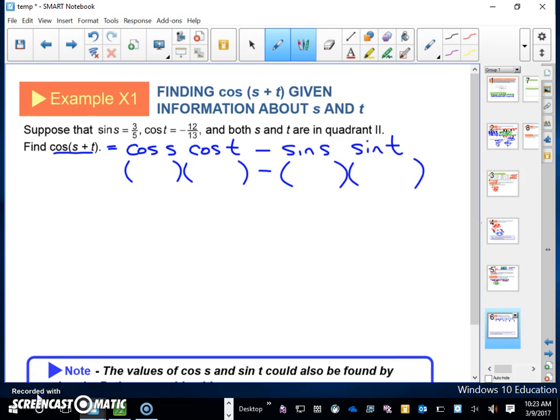Wait a minute, they gave us 2 of them. They told me that sine s was 3/5, and that cosine t was negative 12/13, so we can fill those in. Of the 4 unknowns, they gave me 2, and I'm going to have to figure out the other 2.